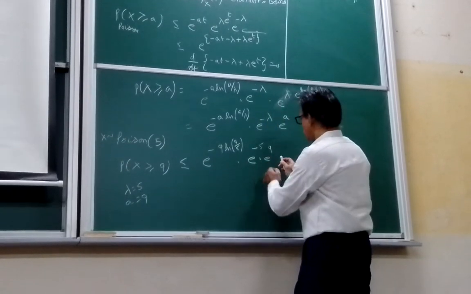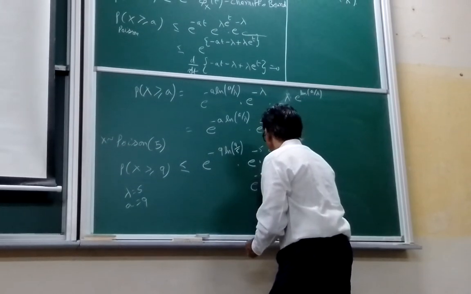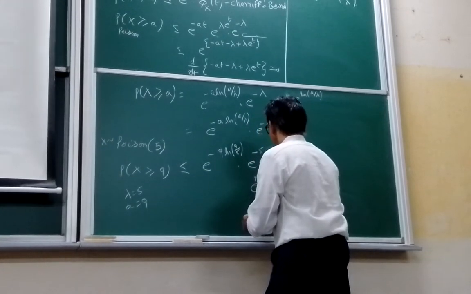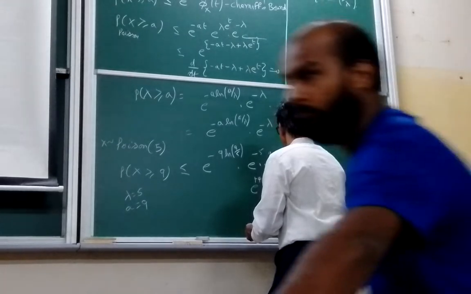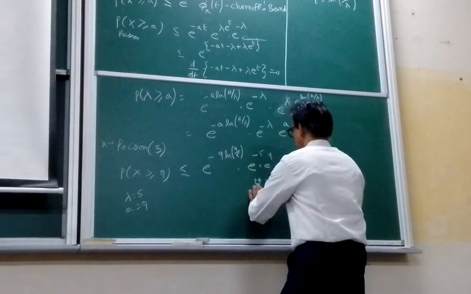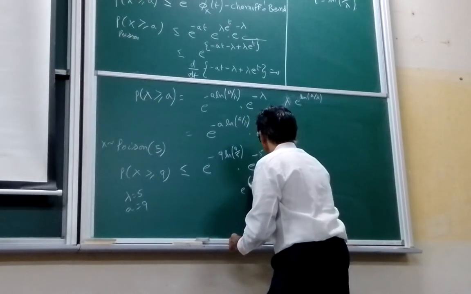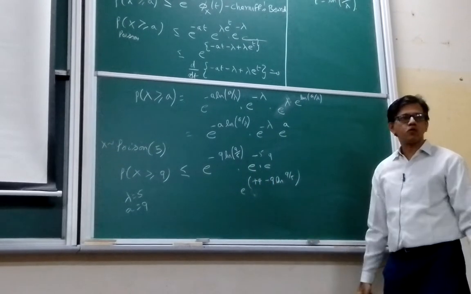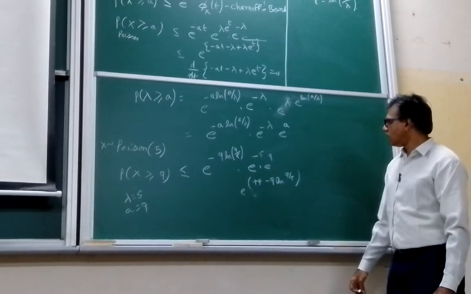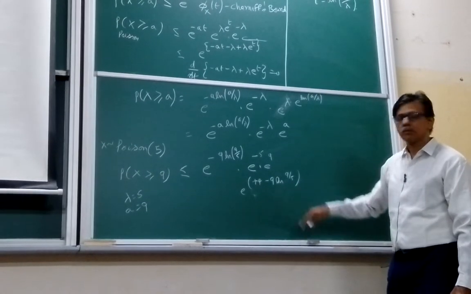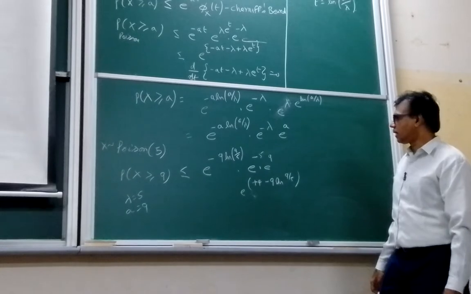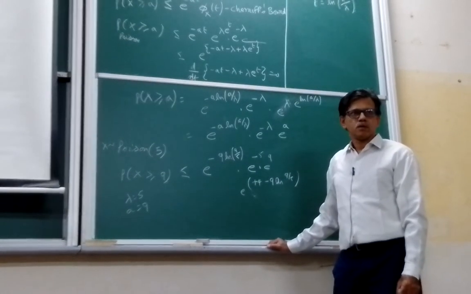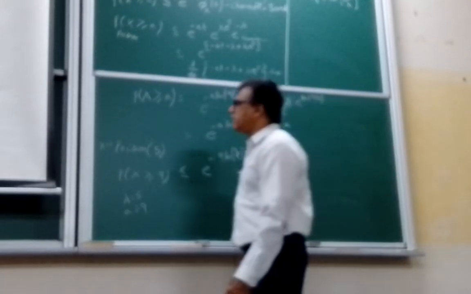So this is e power of minus 4 plus 4. This is what you will get. Of course you can compute it and then find out what it is. So that is all about the Chernoff bound. We took 2 examples and we looked at them.